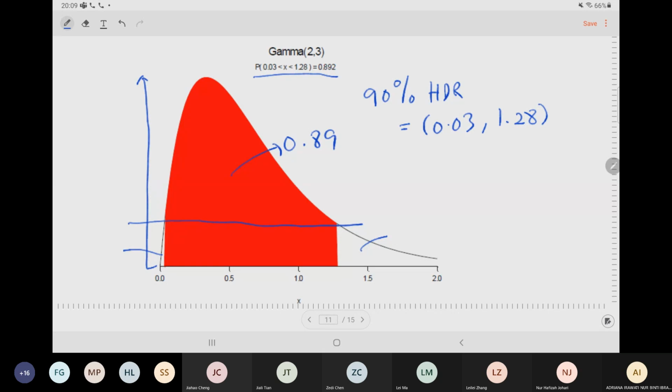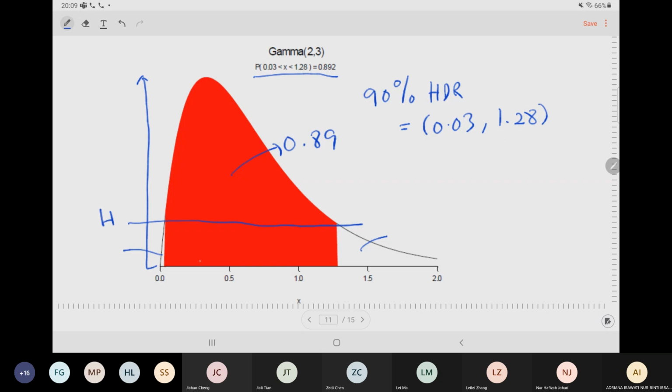So by trial and error, meaning that you have to adjust the height, which is h here. You have to adjust the height such that the area under the curve in the red one would be approximately, in this case, 90%. There's no formula for it. It's just trial and error. So this will correspond to some percentile.